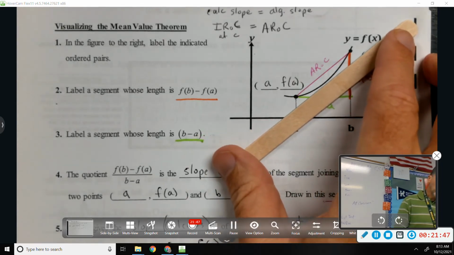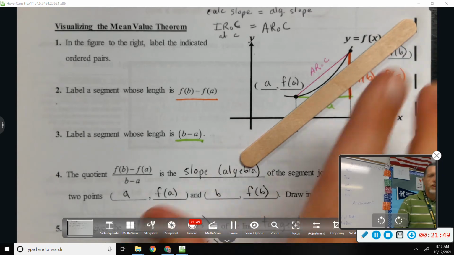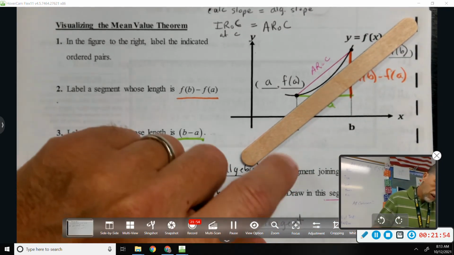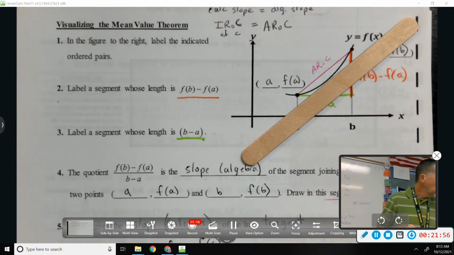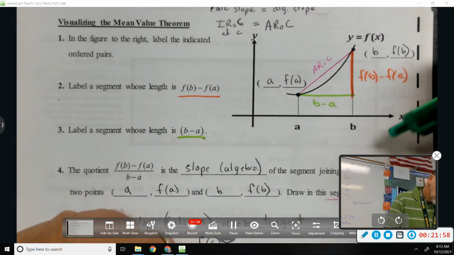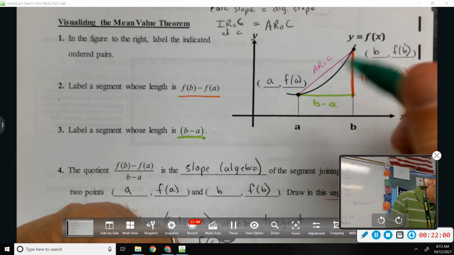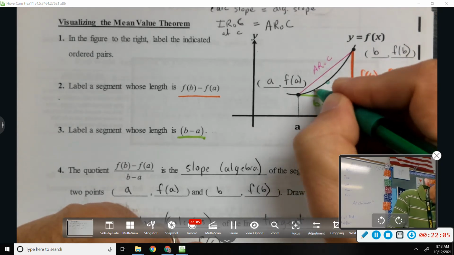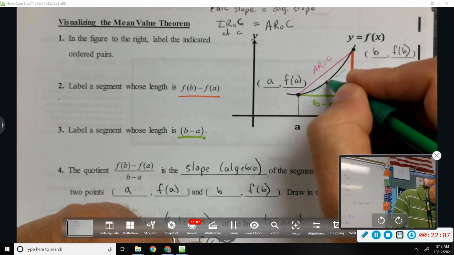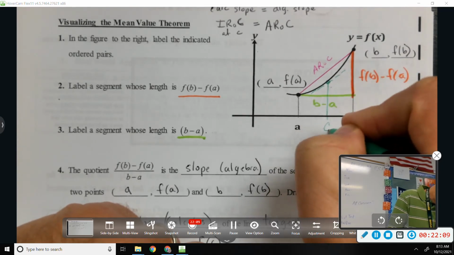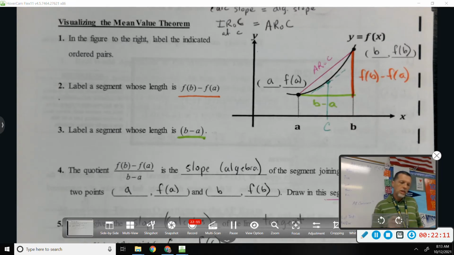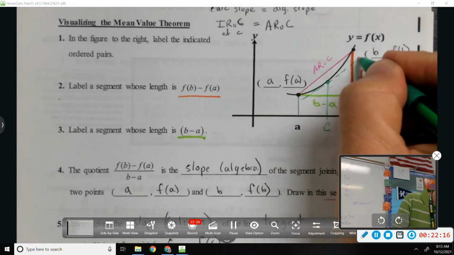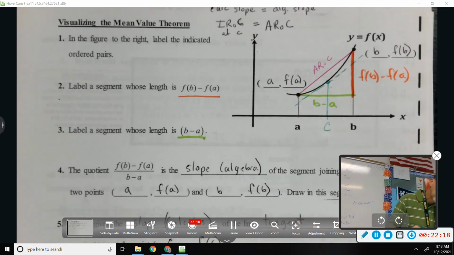Somewhere the instantaneous rate of change equals the average rate of change. So I'd say about right there is my c value, whose derivative is the same as the algebra slope.